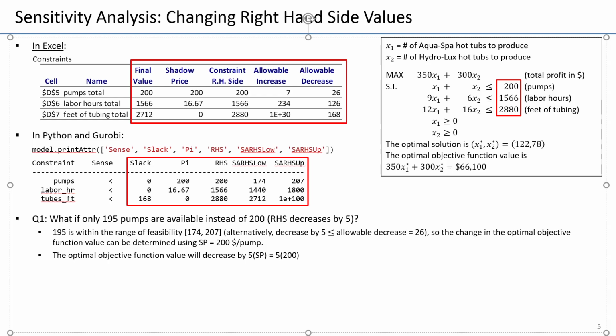Remember, this is 5 pumps multiplied by $200 per pump. So basically the pumps disappear from this, and it becomes 5 times 200 and just dollars. So this is $1,000. So the optimal objective function value will decrease by 1,000, so it will be 65,100.